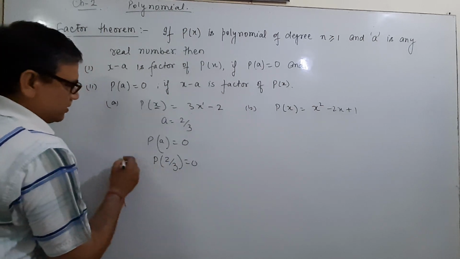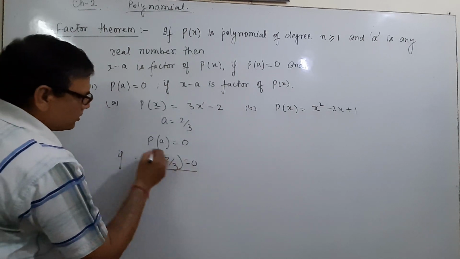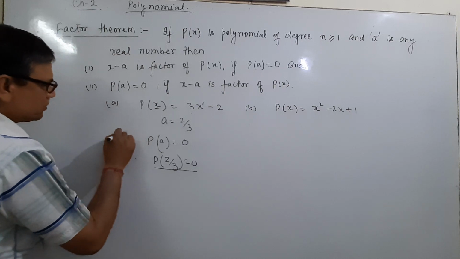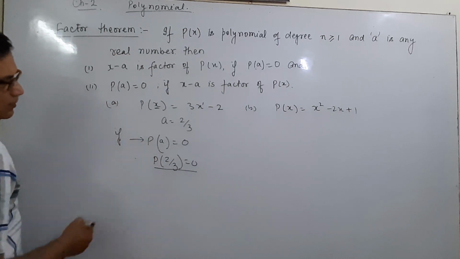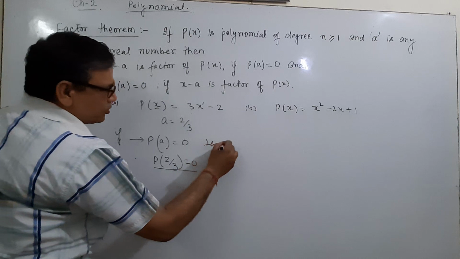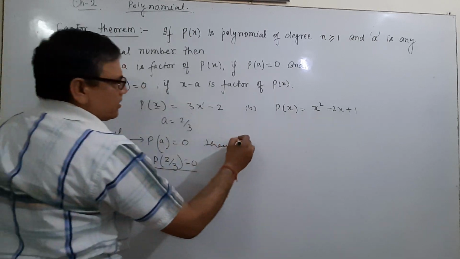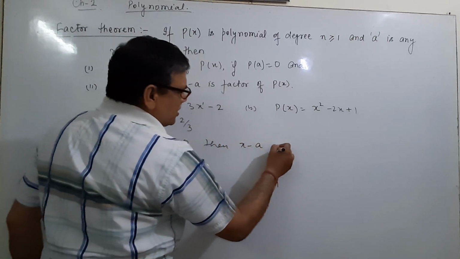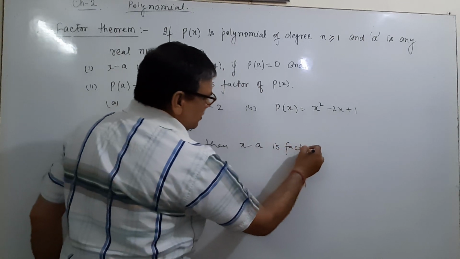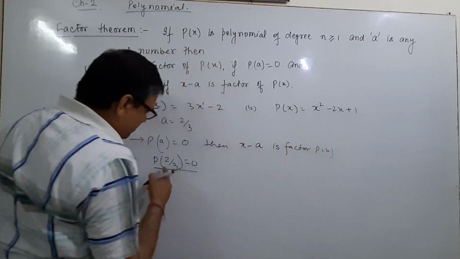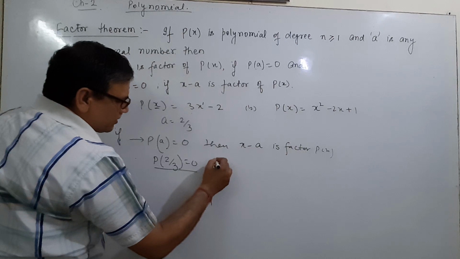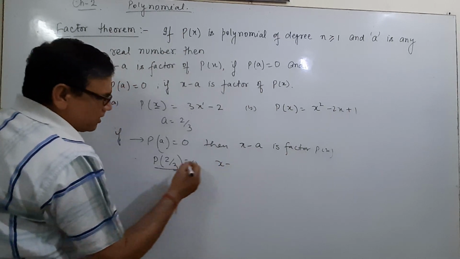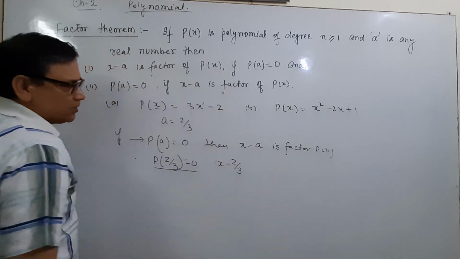If P(A) = 0, then the question is saying x - A is a factor of P(x). Here x - A, with A = 2/3.